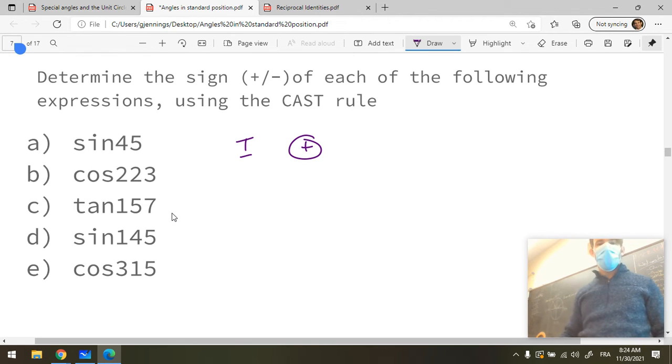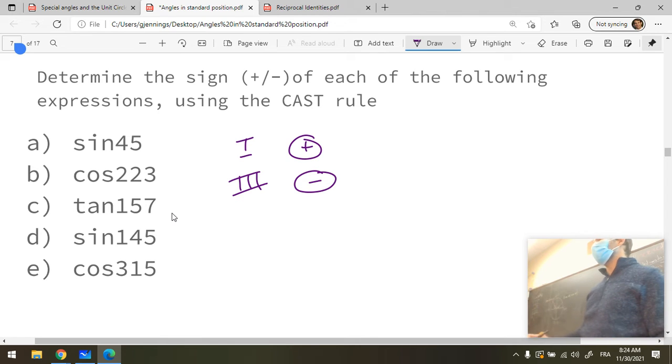Okay, so which trigonometric ratios are positive in the third quadrant? Only one of them. Tangent's the only positive one over there. So that's going to be negative. So this is in the third quadrant, and that's going to be negative because it's cosine, it's not tangent.